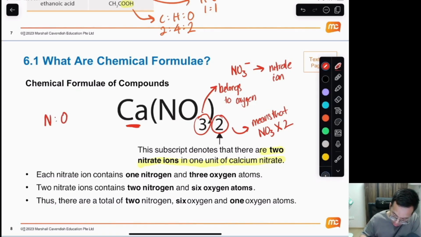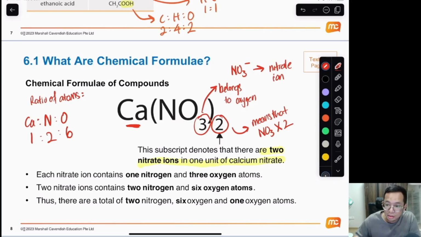There is 1 calcium, there are 2 nitrogen, and there are 6 oxygen. So remember your indices, is it, in your mathematics? You take 2 times 3, so it is 6 oxygen. So this is the ratio of atoms. Alright? So this is a summary of everything that you need to know how to do.